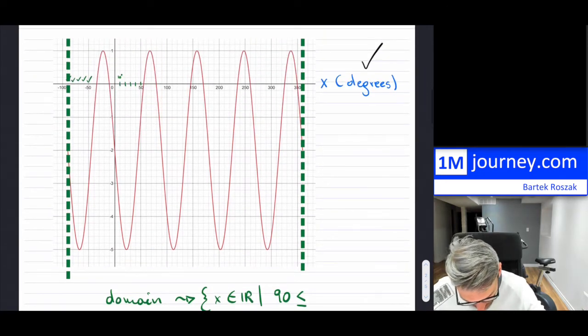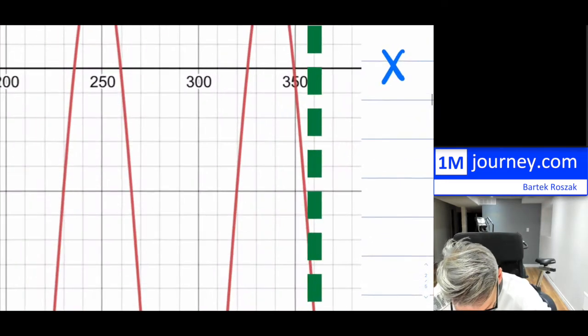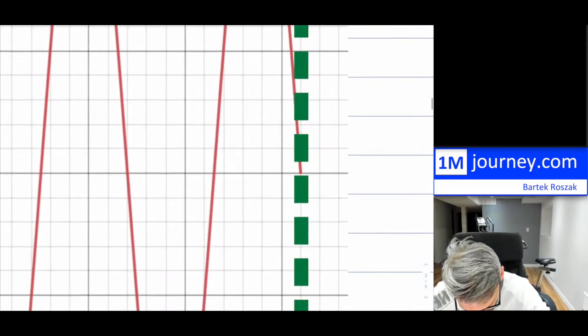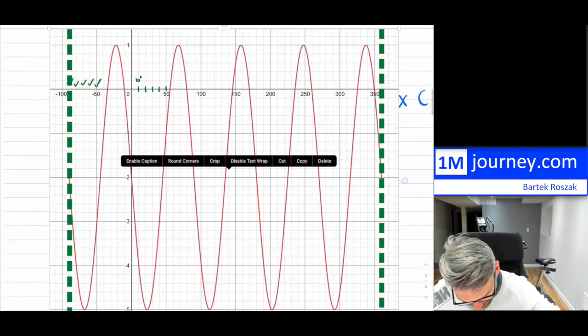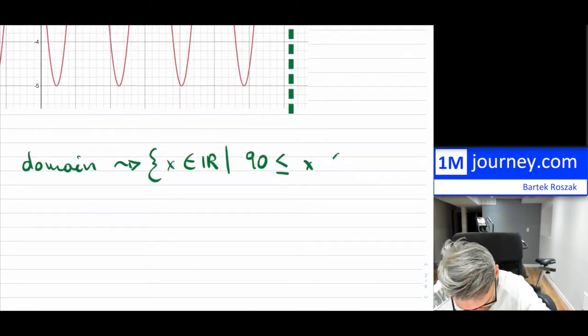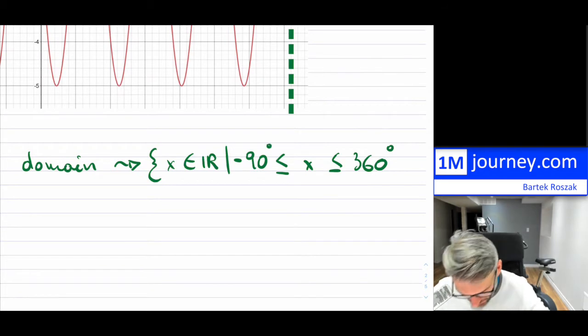And then it goes all the way to, if I zoom in here, 350, looks like it's going to 360. So this is x, from minus 90 to 360, and this is degrees. That's my domain.